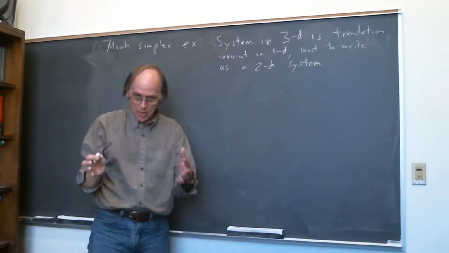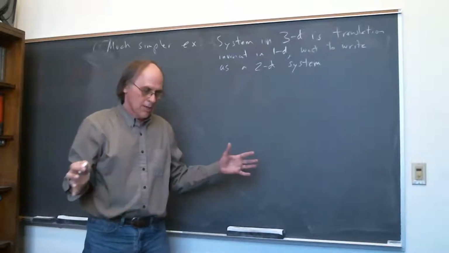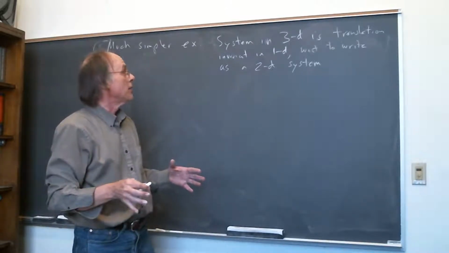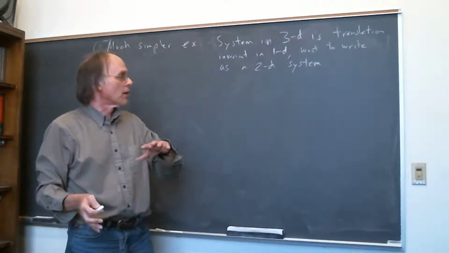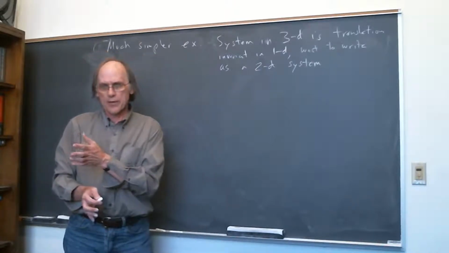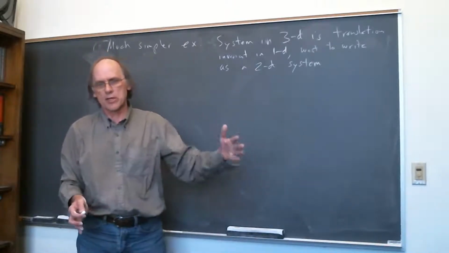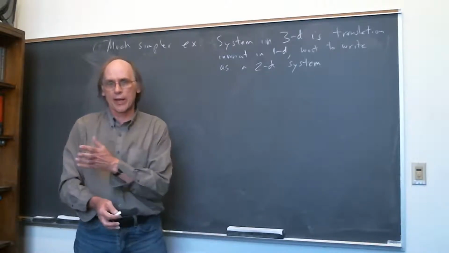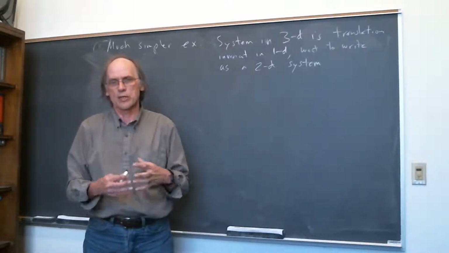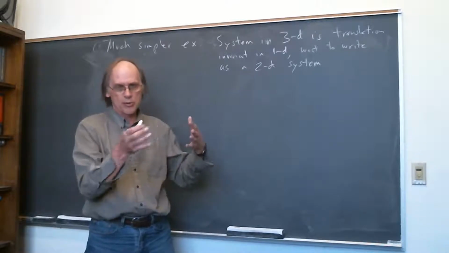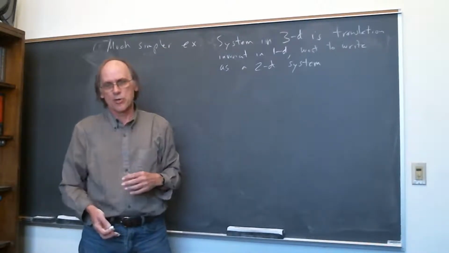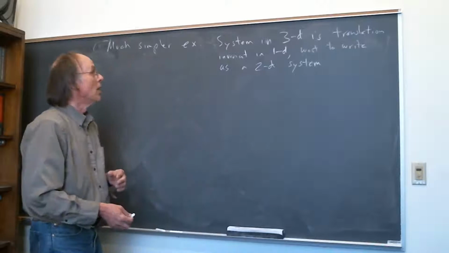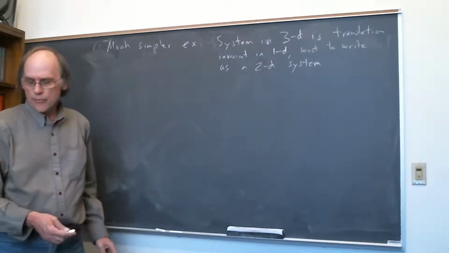So the idea is that you've got the system you're working with, and you know that the physics is independent of translations in one direction, and you're only interested in states which are invariant under translations in one direction. You really want to reduce this thing to a two-dimensional system.